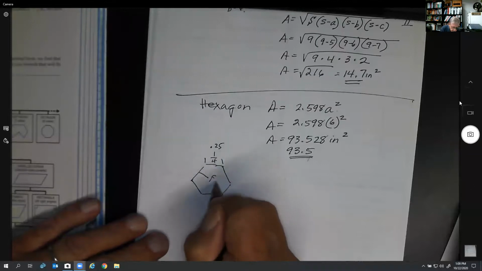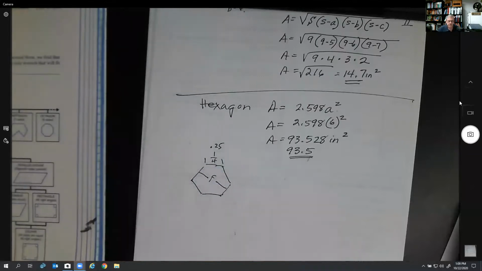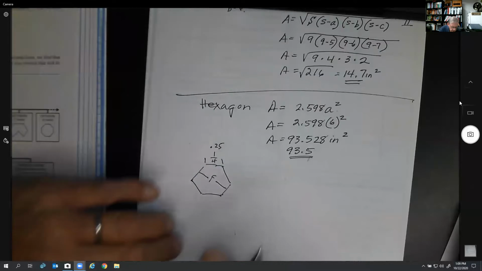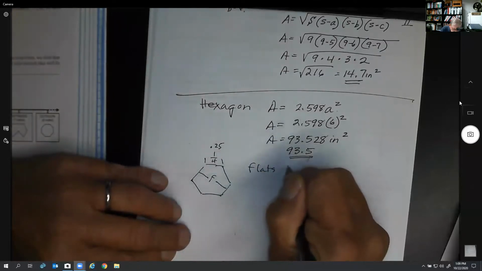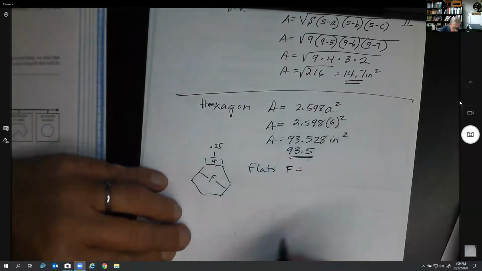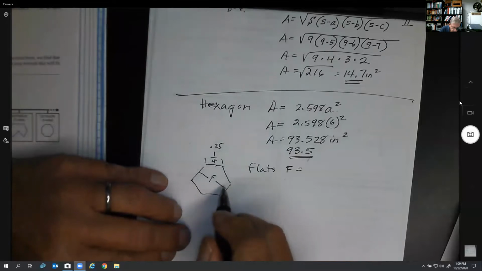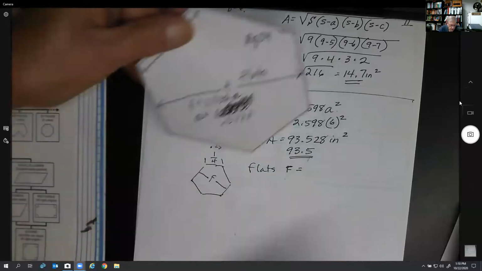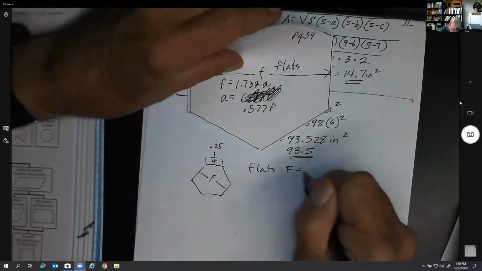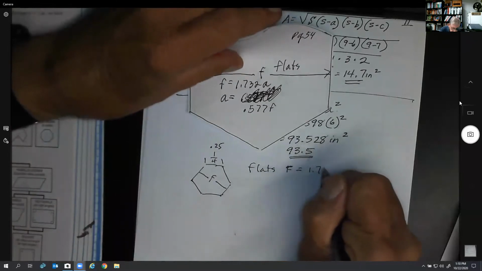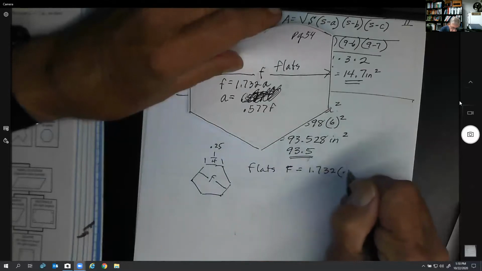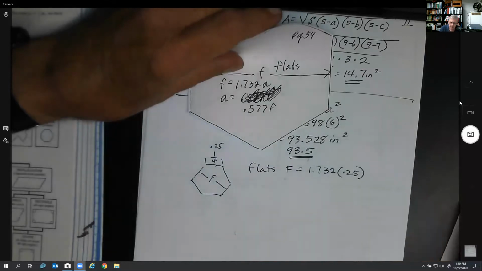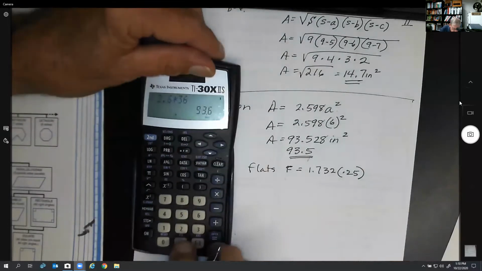What is F? You can use a capital F if you want. The flats are, what was our formula? Bingo, let's bring it back. It's 1.732 times A, which is 0.25. I would just use them both as decimals, not get involved with fractions.